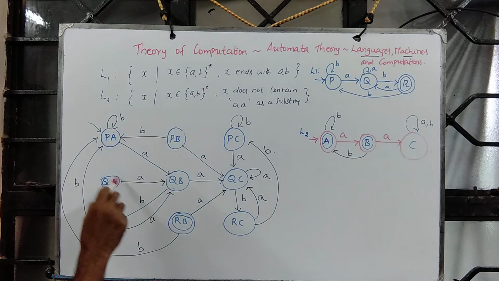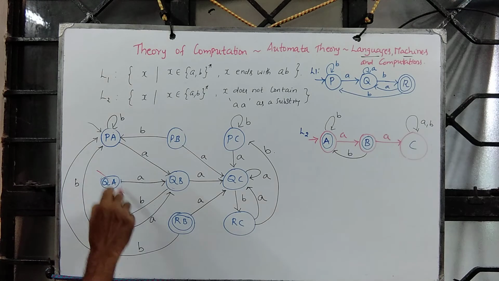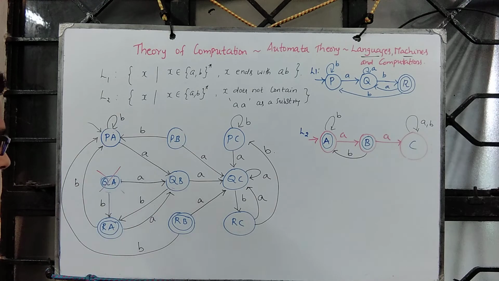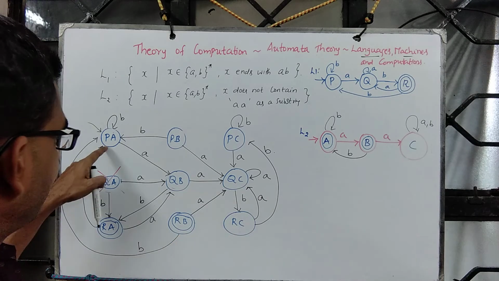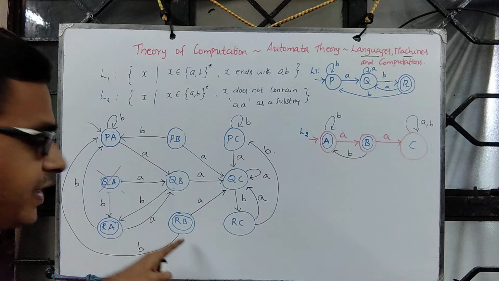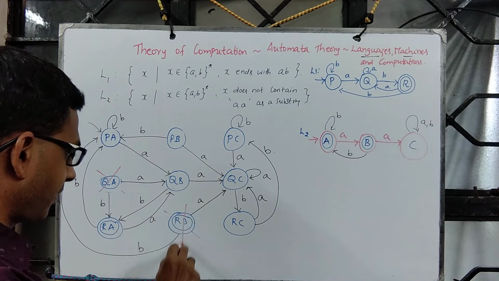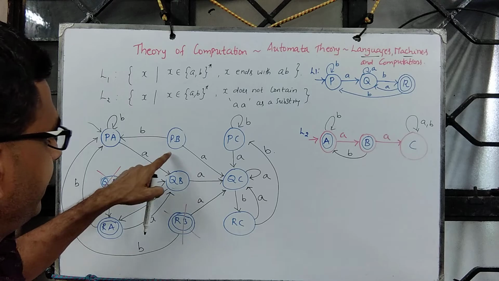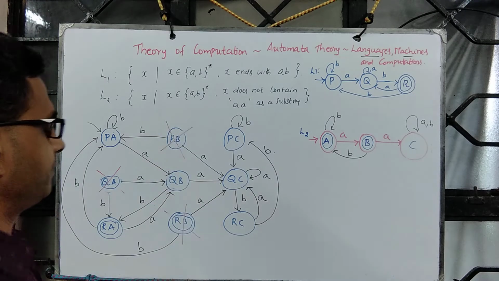But this one does not have any incoming arc, which means it cannot be reached starting from PA. Similarly, this state does not have any incoming arc, so the state RB cannot be reached. Similarly, this state cannot be reached.